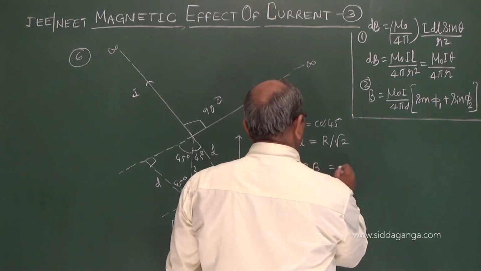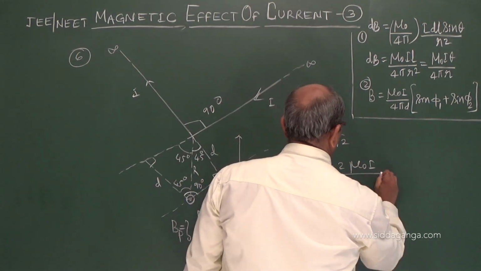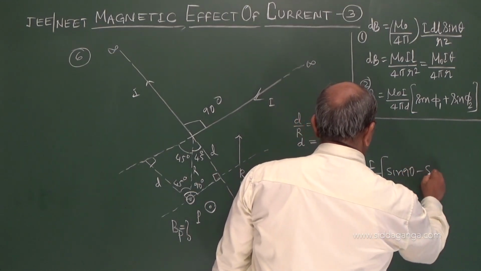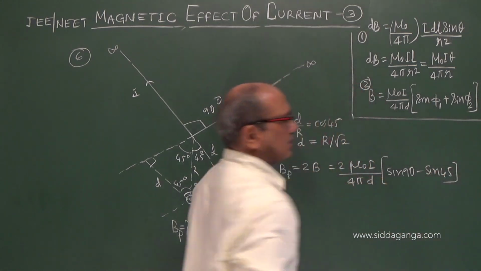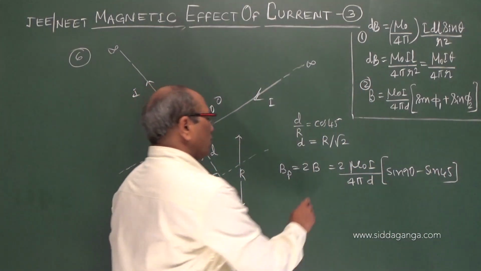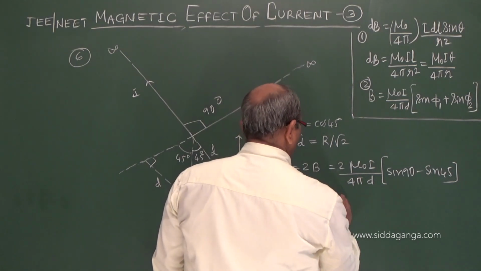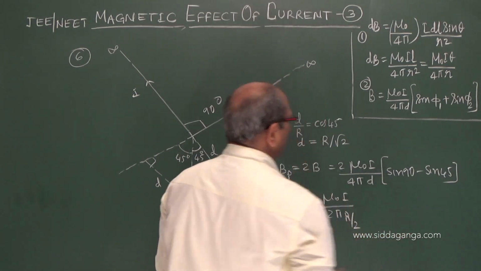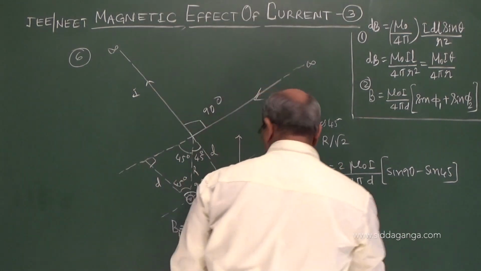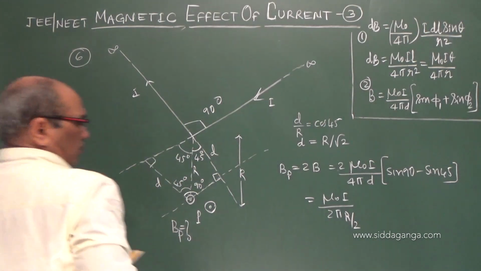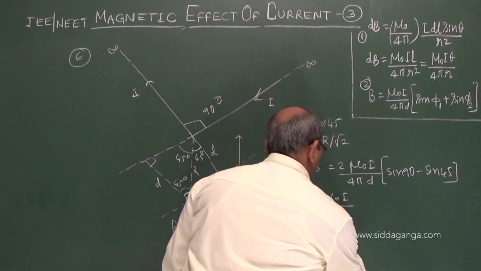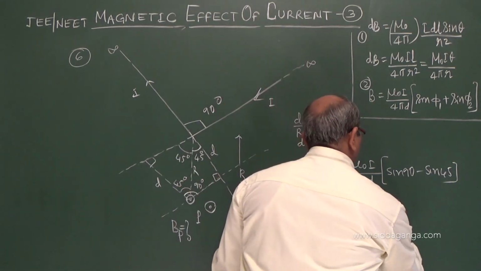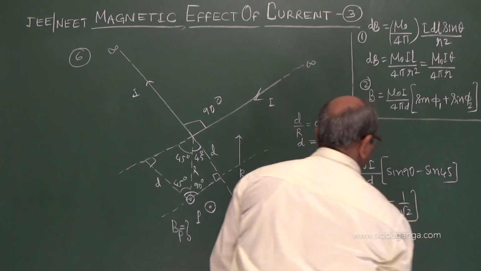So this is equal to 2 mu naught I by 4 pi D into sin 90 minus sin 45, as in the previous case, no changes. So cancelling this, mu naught I upon 2 pi, R by root 2, sorry, mu naught I upon 2 pi R by root 2. Again it is 1 minus 1 by root 2.